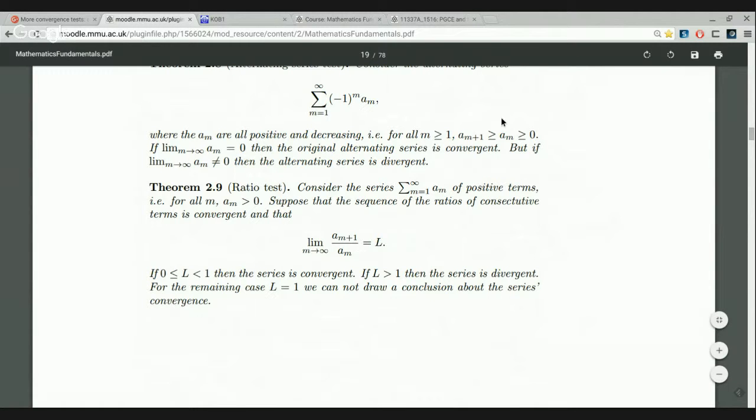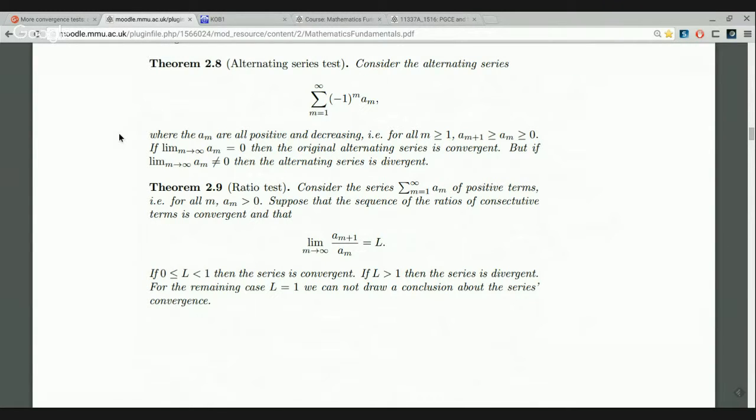So in this statement of the test, the a_m terms, we're assuming that they're all positive. So the terms of the series then will be alternately positive and negative, okay? Because that minus 1 to the power of m produces an alternating positive and negative sign. Negative for m equals 1, positive for m equals 2, negative for m equals 3, and so on. Okay?